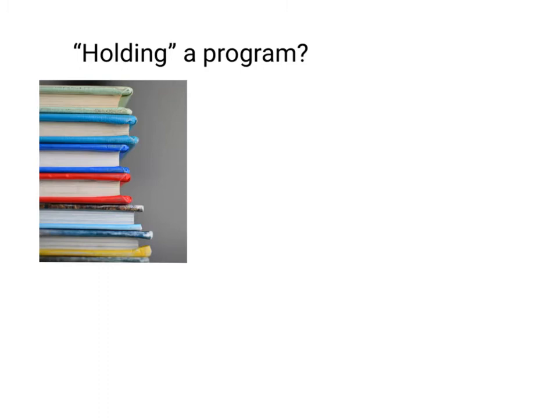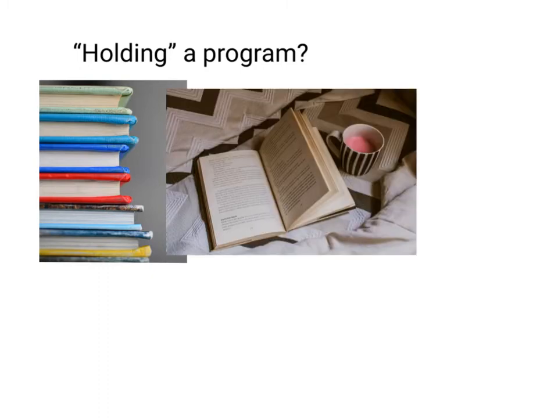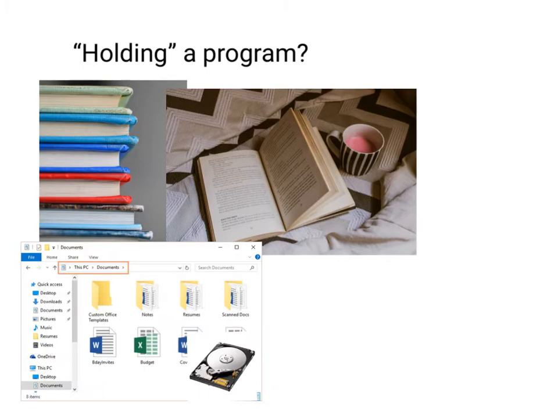I'm not using them, but I want to keep them because I will use them one day. When I actually take a book from my shelf and I open it, that is me now holding it. That is me ready to actually use it. And it's the same equivalent when it comes to a computer. A file may be stored on the hard disk, but when we actually use it, we put it into memory.